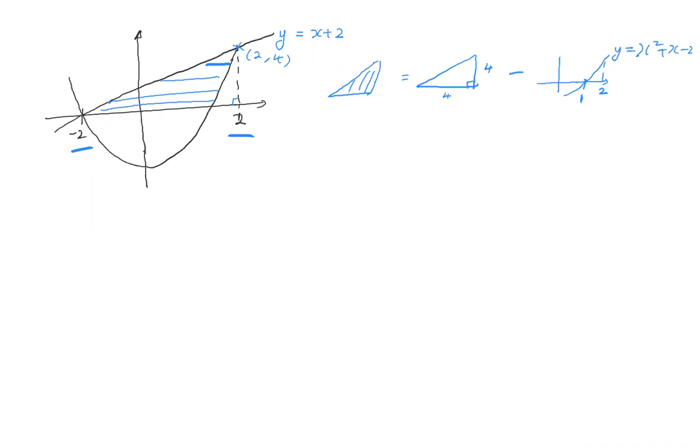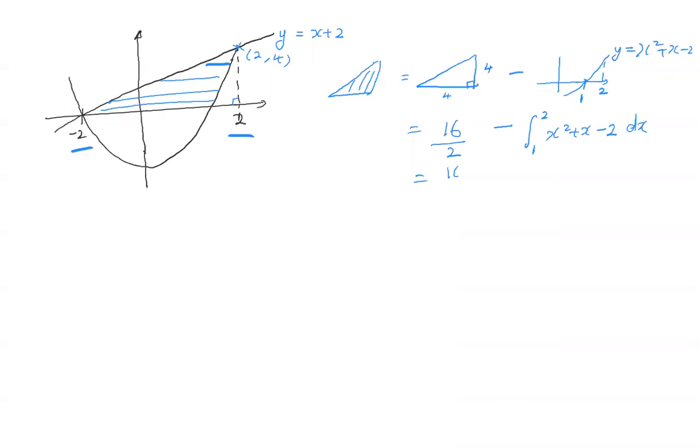So here will be 16 over 2, take away, integrate 1 to 2, x squared plus x minus 2 dx.